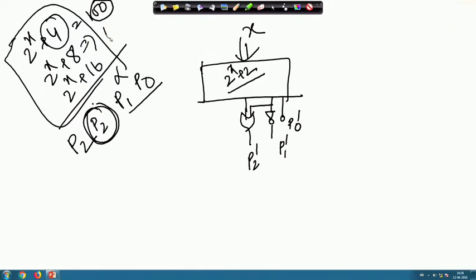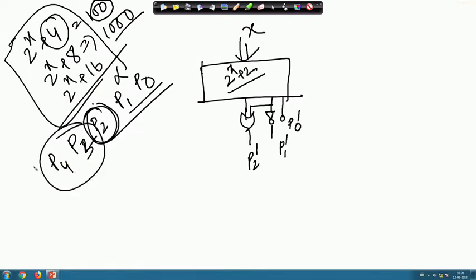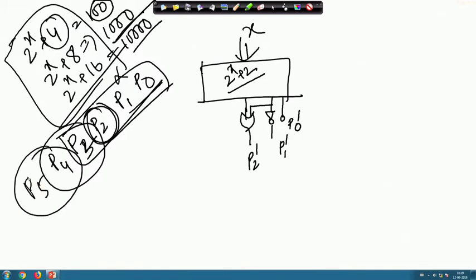For 8, the 3 bit positions will not be affected, sorry this is P3, then P3 and P4 will be affected. If I add 16, up to P3 it will not touch, and it will start affecting P4 and P5, something like this.